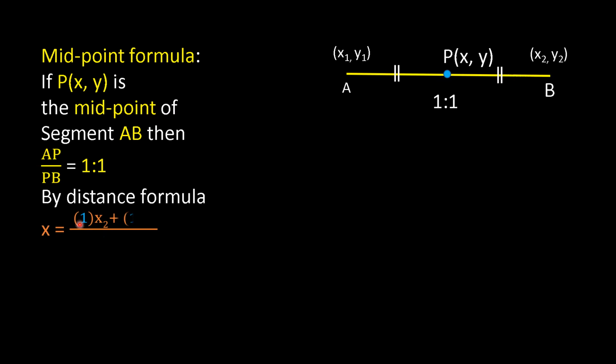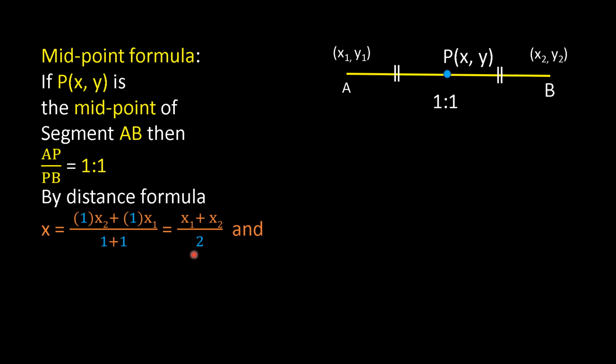Therefore, by section formula, we write the x coordinate of P as x equals (1x2 + 1x1) upon (1 + 1). That will be (x1 + x2) upon 2.